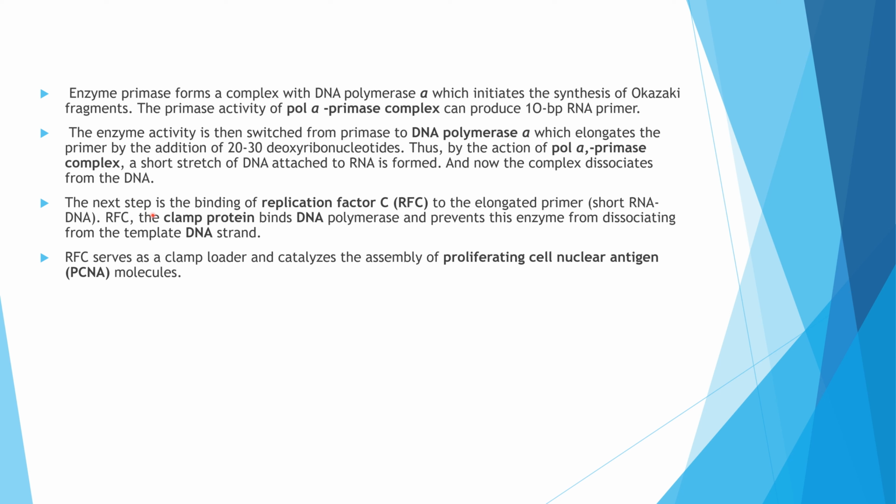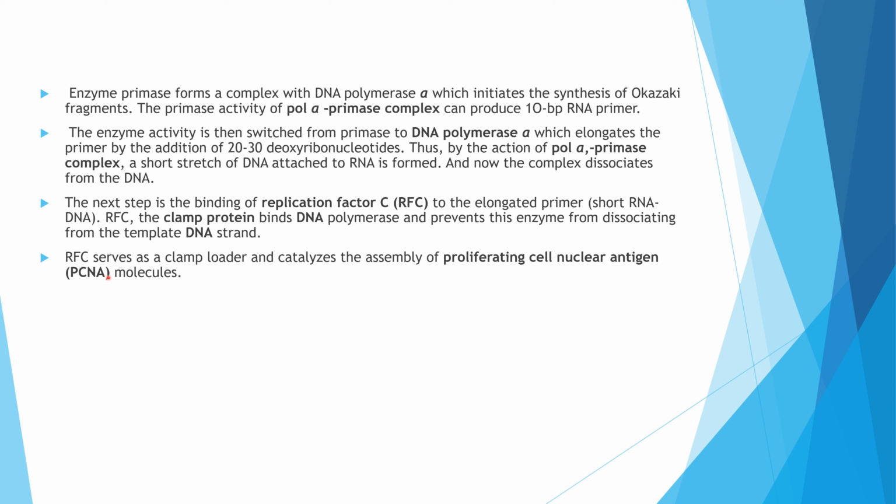The next step is the binding of replication factor C to the elongated primer, the short RNA-DNA. Replication factor C, the clamp protein, binds DNA polymerase and prevents this enzyme from dissociating from the template DNA strand.